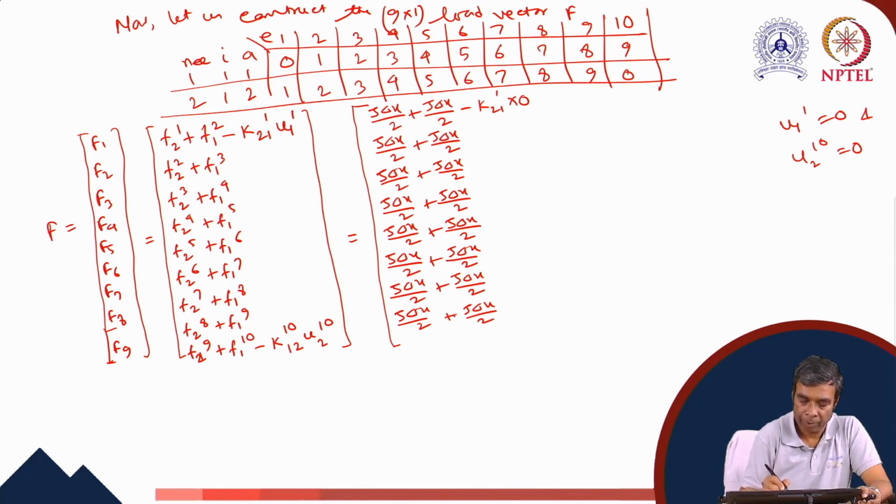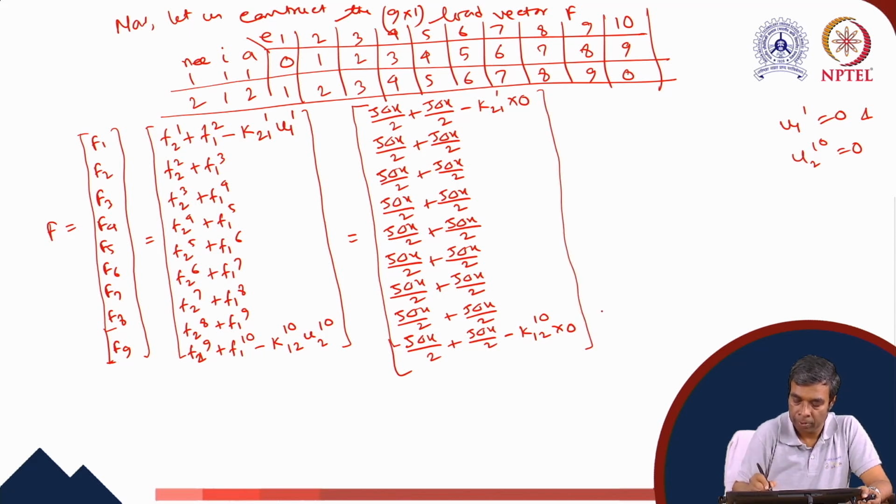So we have written the 8 entries. The last entry is S delta x by 2 plus S delta x by 2 minus K 1 2 10 into 0.